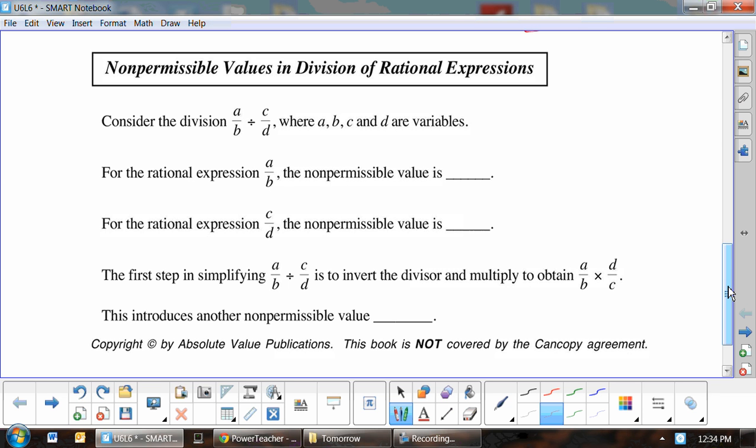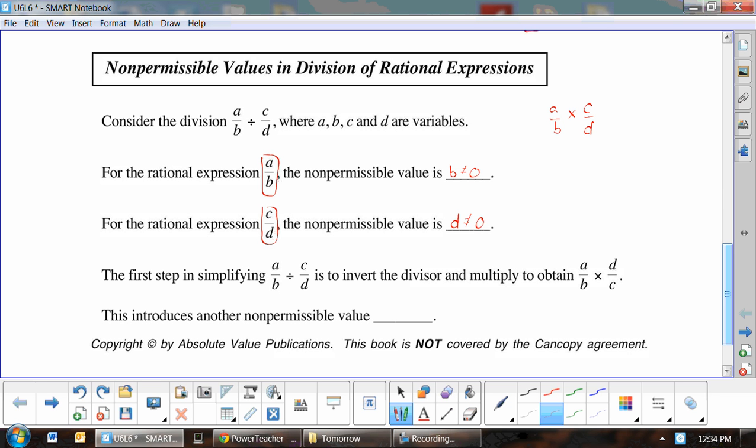So, for example, if we were to look at just this here, we would say that the non-permissible is that b cannot equal 0, right? And if we were to look at just this here, we would say, oh, that's easy peasy. D cannot equal 0. So if this was a multiplication problem, like if we had a over b times c over d, we'd say, oh, our two non-permissibles are that b and d cannot equal 0.